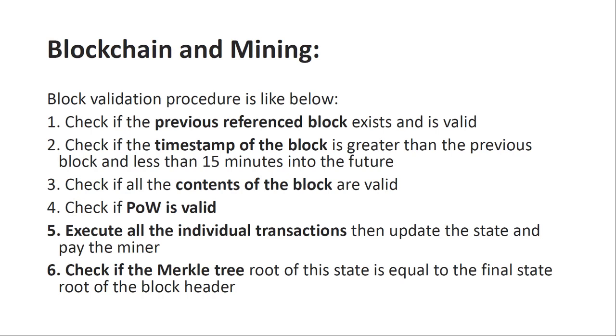By content, I mean block number, difficulty, transaction root, uncle root, and gas limit. Then we check the proof of work, then we execute all the individual transactions, update the state, pay the miner, and check if the Merkle tree root of this state is equal to the final state root of the block header. And after this, our block validation is done.